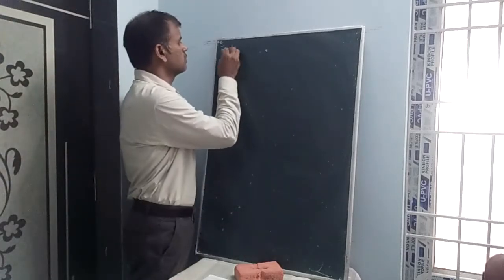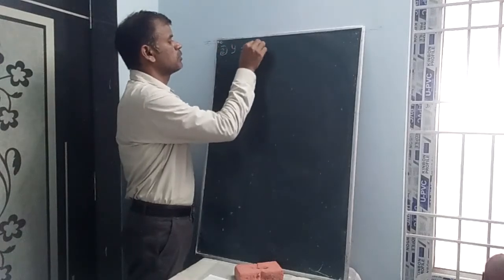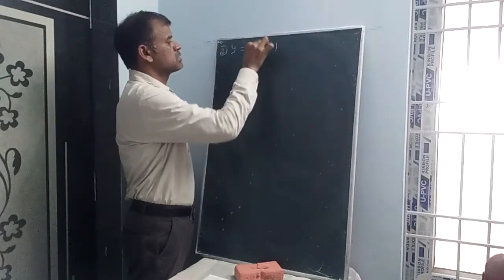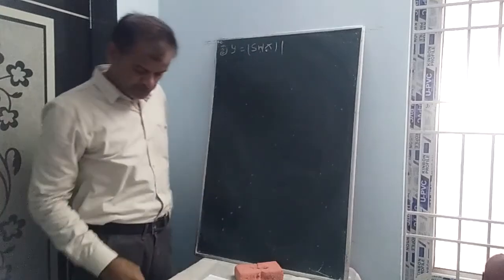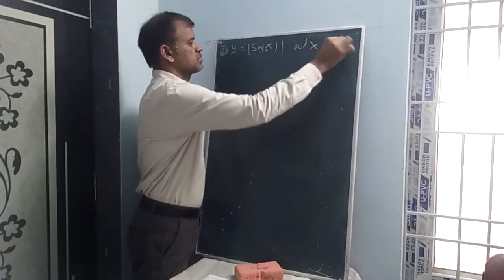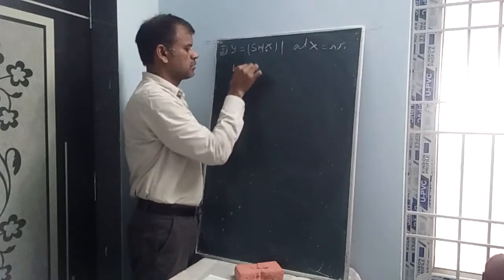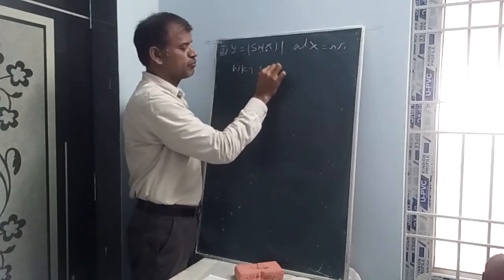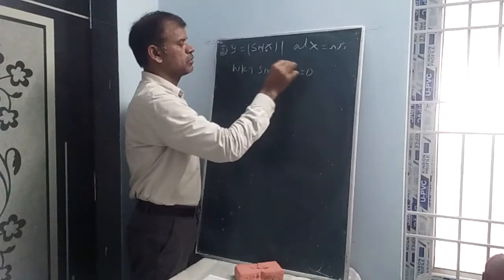Let us see example 2. Y is equal to modulus of sine modulus x, at x is equal to n pi. We know that sine n pi equals 0.